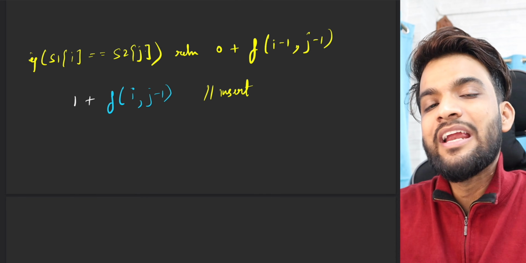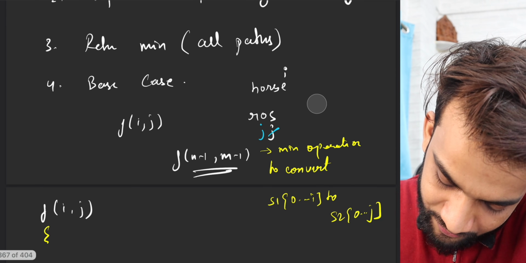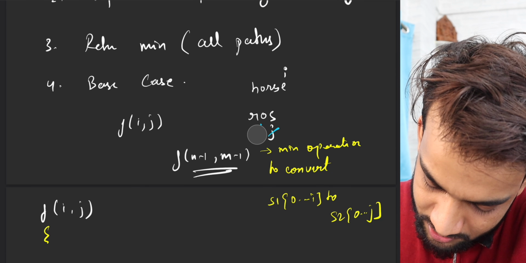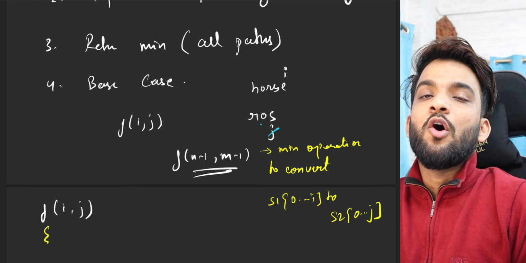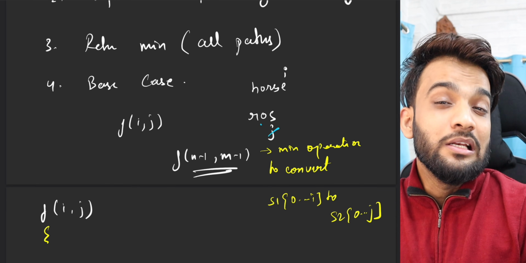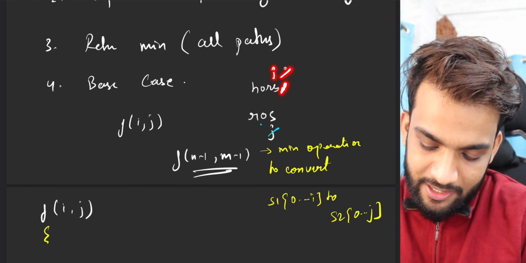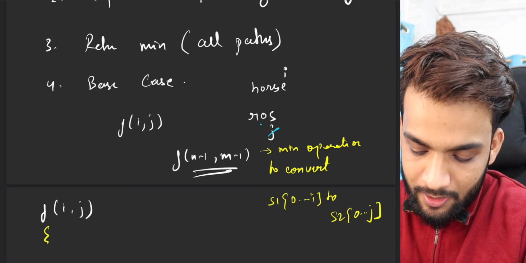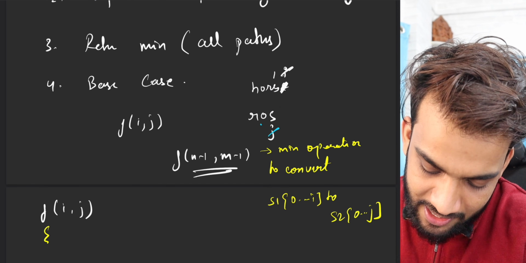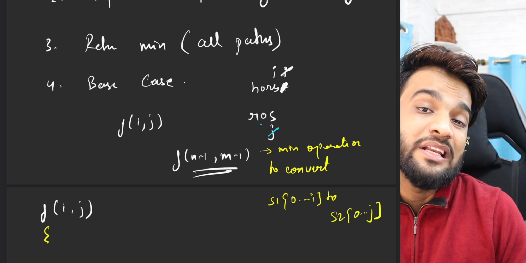Perfect. Can I do something else? Let's go back and see if I can do something else. Let's erase this. Okay. What operations do I have? I have a delete operation, right? I'll say, hey, let's delete this and let's take this and try to match this S with this S. Let's take this i here and now try to match this S with S. I'll try to delete it.